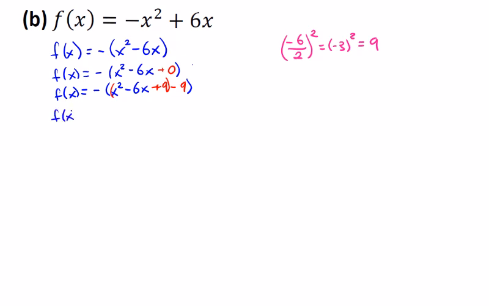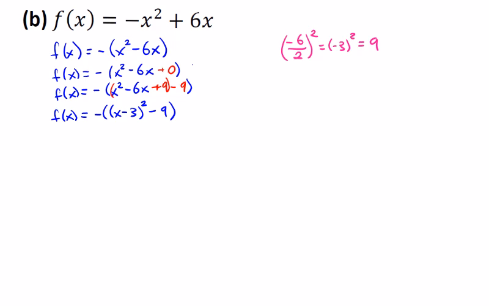So f of x is going to equal negative parenthesis. So for the part that's in red, the parentheses in red, that is going to factor into x minus 3 squared. Minus 9 is still there, left over from the creative 0, and then I close that final parenthesis.